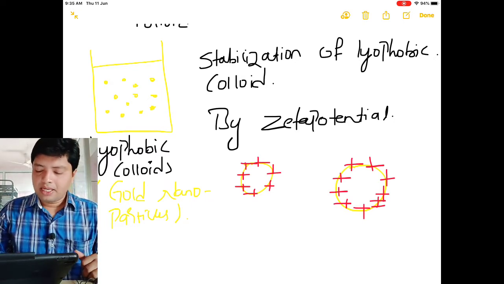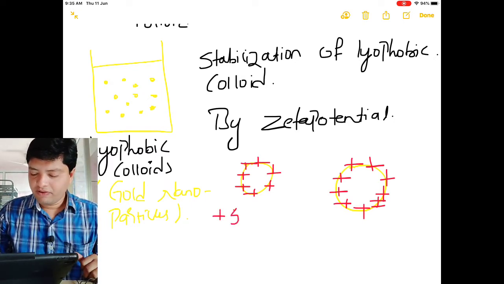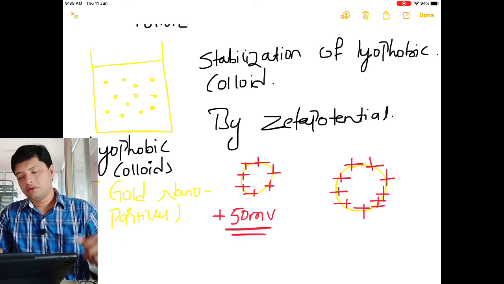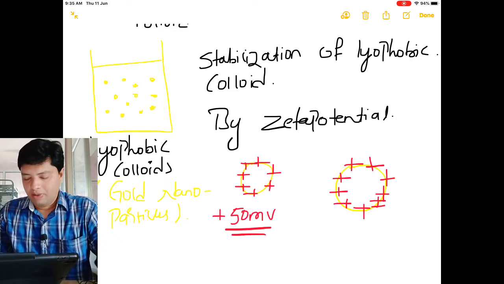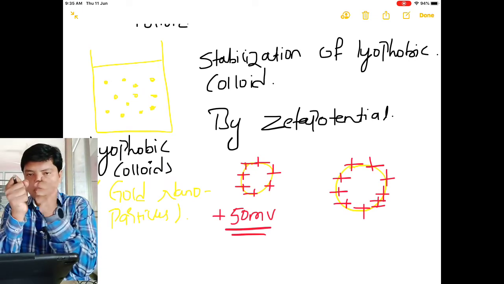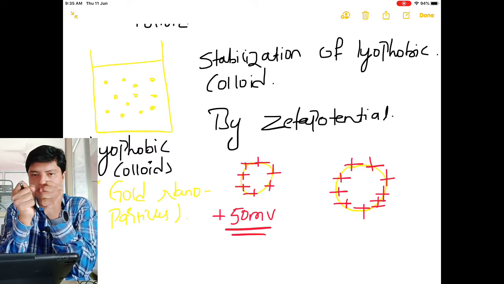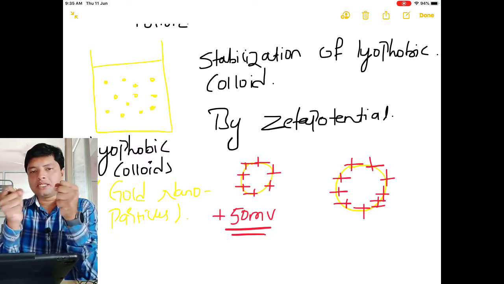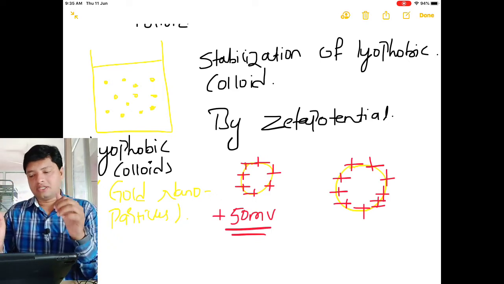Let's say the charge is positive 50 millivolts. If the potential of the charge is more, what happens? These two gold nanoparticles will repel each other from a greater distance.